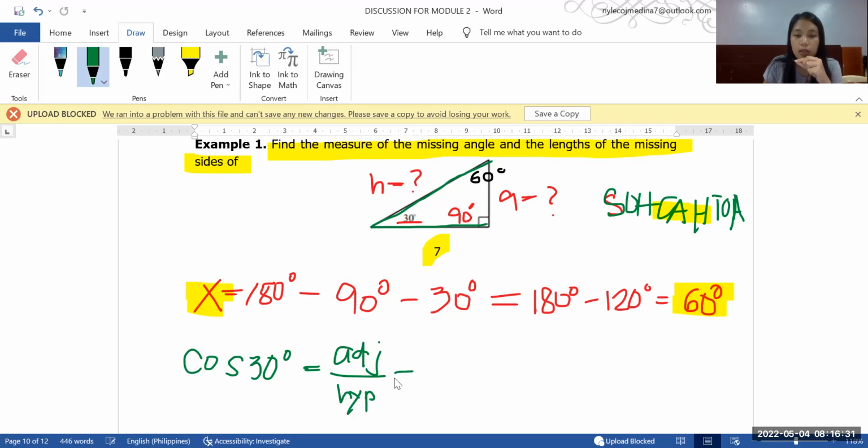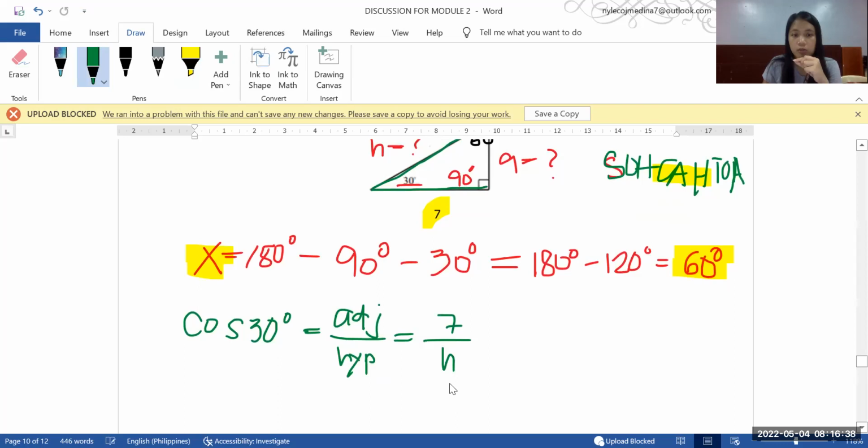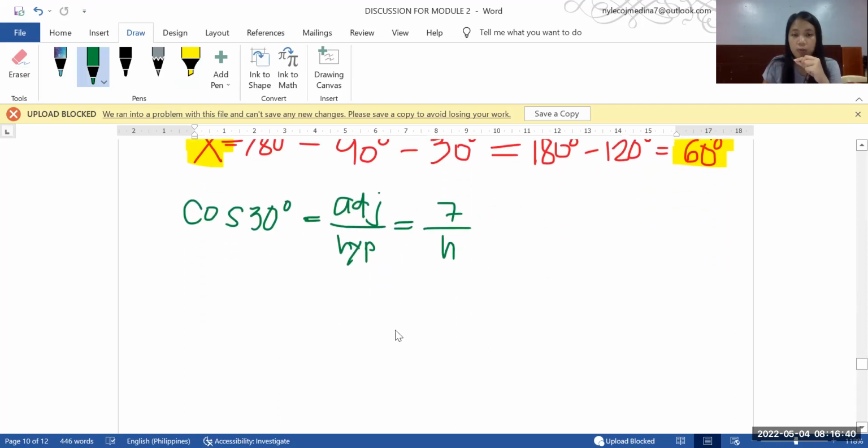Now, the adjacent is 7, and the hypotenuse is the unknown, H.